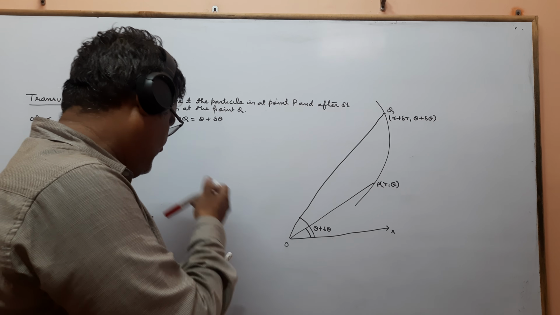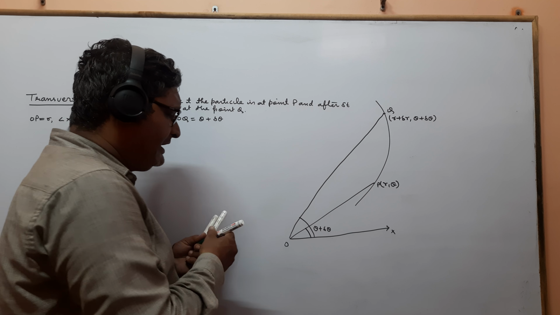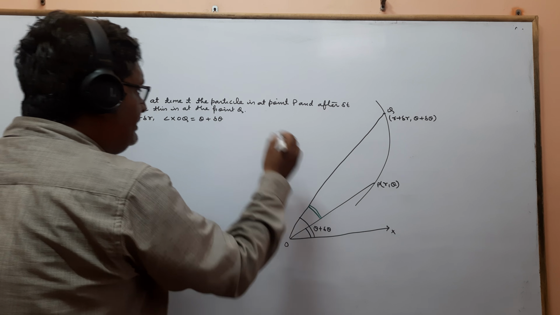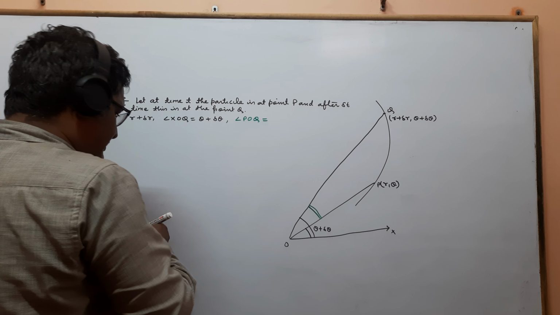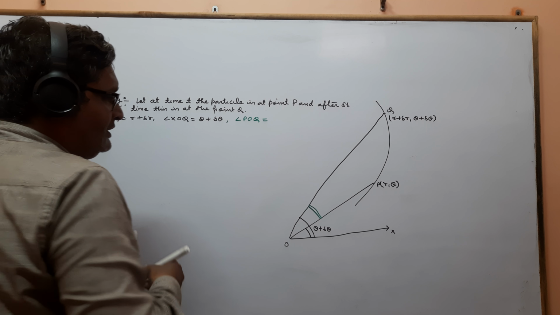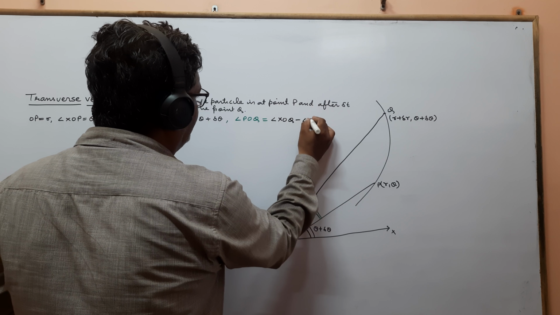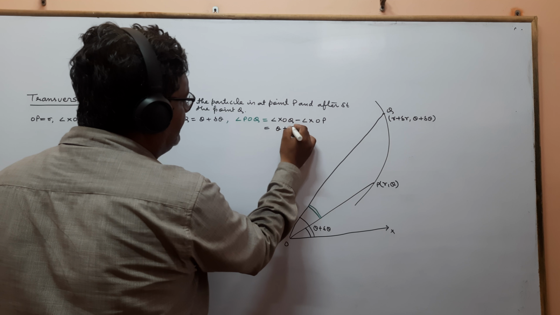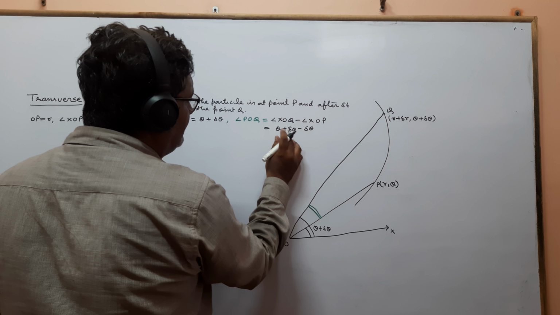Now we find the angle POQ. Angle POQ is equal to angle XOQ minus angle XOP. So this is equal to theta plus del theta minus theta.